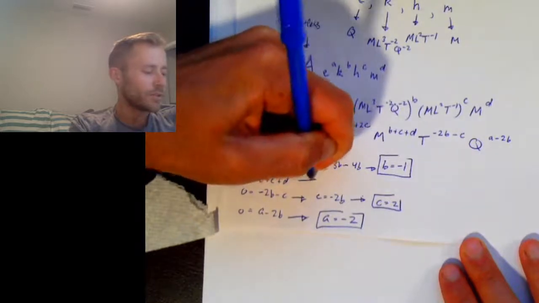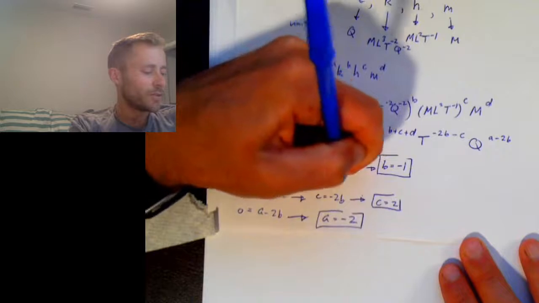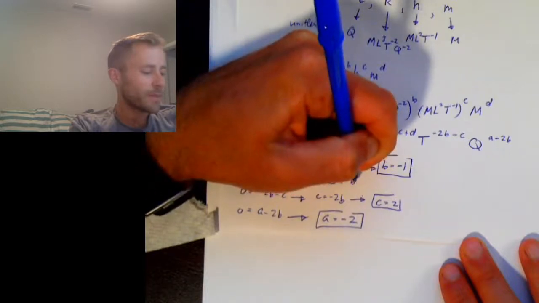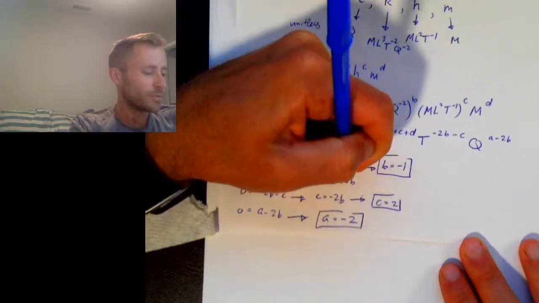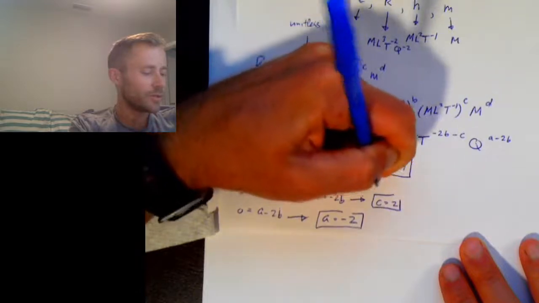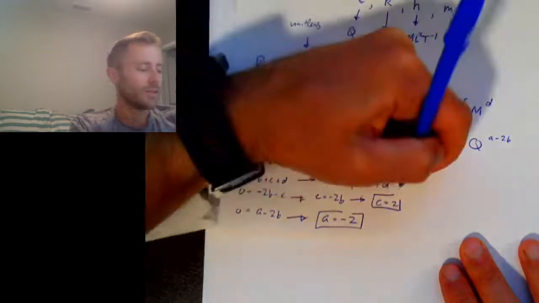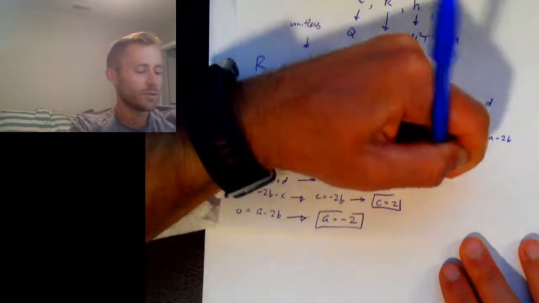And then this equation says that 0 equals b, which is negative 1, plus c, which is 2, plus d. So that means that d equals negative 1.